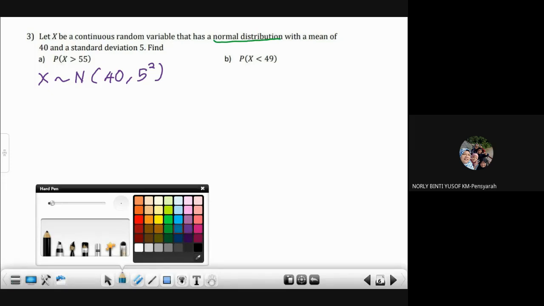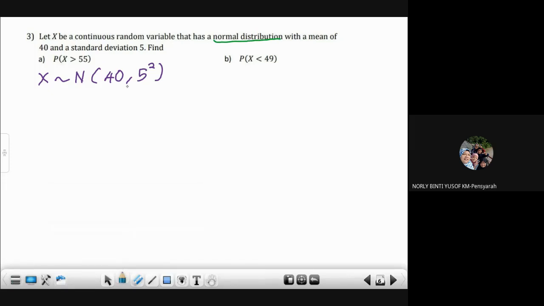Okay, once you dah write the distribution for normal, dia discrete, so dia dah bagi dalam bentuk simbol. Selalu dia bagi dalam bentuk ayat, tukar simbol kan, tak apalah, ni straightforward. Tapi kalau exam dia bagi statement, tapi kita follow saja untuk example. So greater than 55, so follow discrete probability of greater than 55.